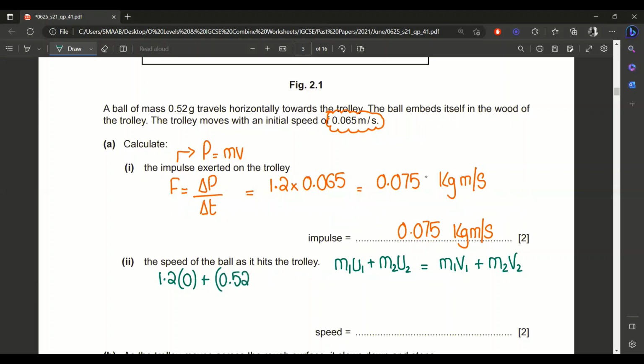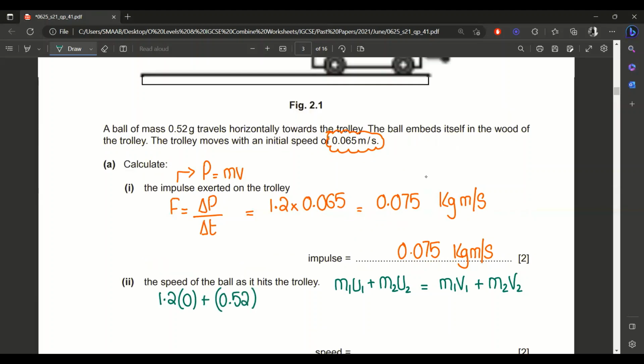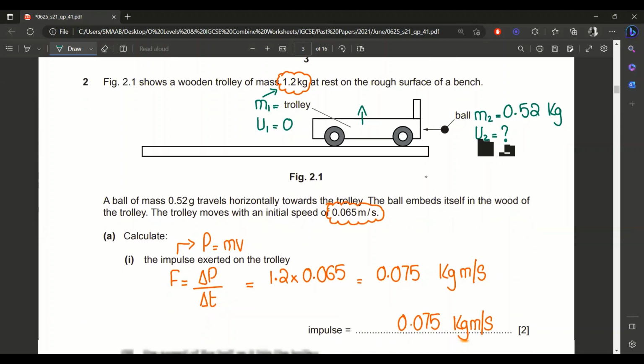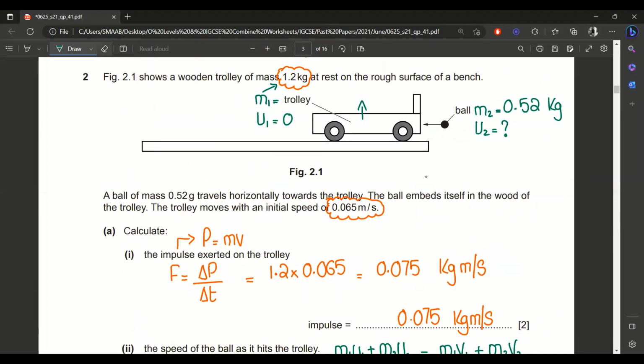Sir, will we convert 0.52 into kg? Yes, we need to convert into kg, that is in grams. So you need to convert into kg. So that will be equal to 5.2 times 10 to the power minus 4, right?